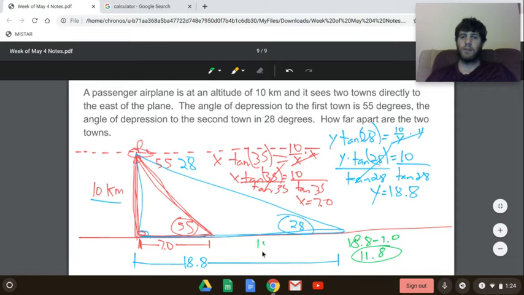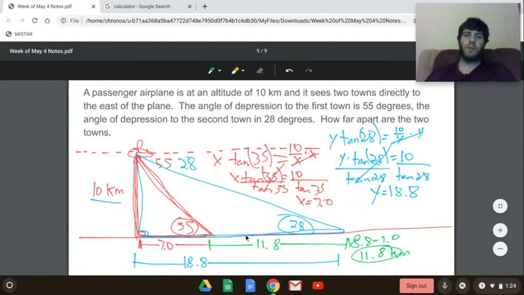So that means this distance here is 11.8. Okay, and that would be your final answer, 11.8 kilometers. Okay, the two towns are 11.8 kilometers apart.